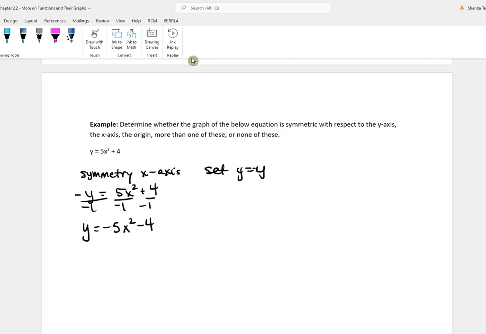I end up with y is equal to negative 5x squared minus 4. So in order for this to be symmetric about the x-axis, your result has to equal your original problem, and it does not. So this is not equal to the original problem of 5x squared plus 4. So it's not symmetric about the x-axis.